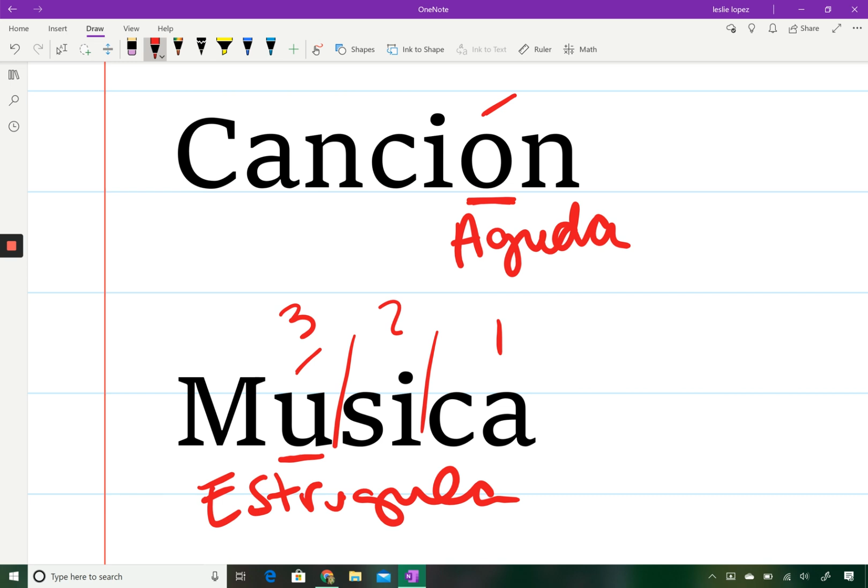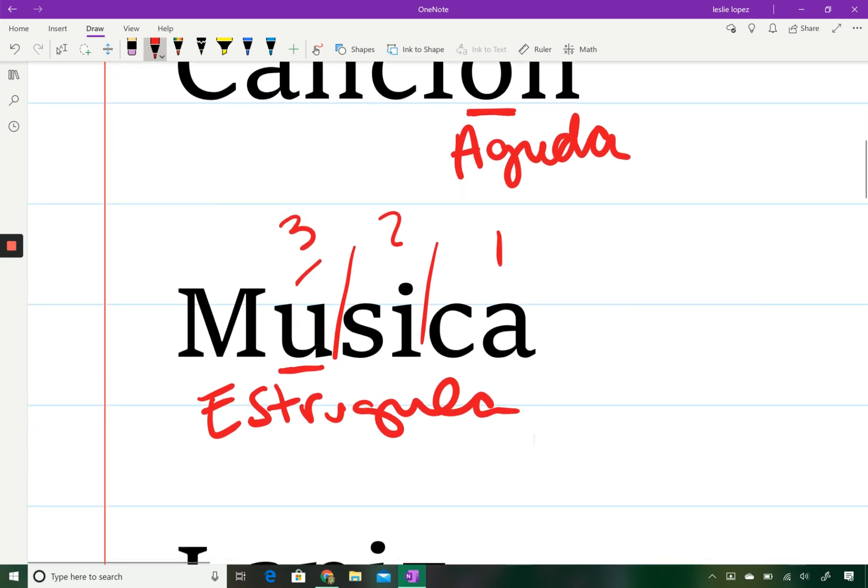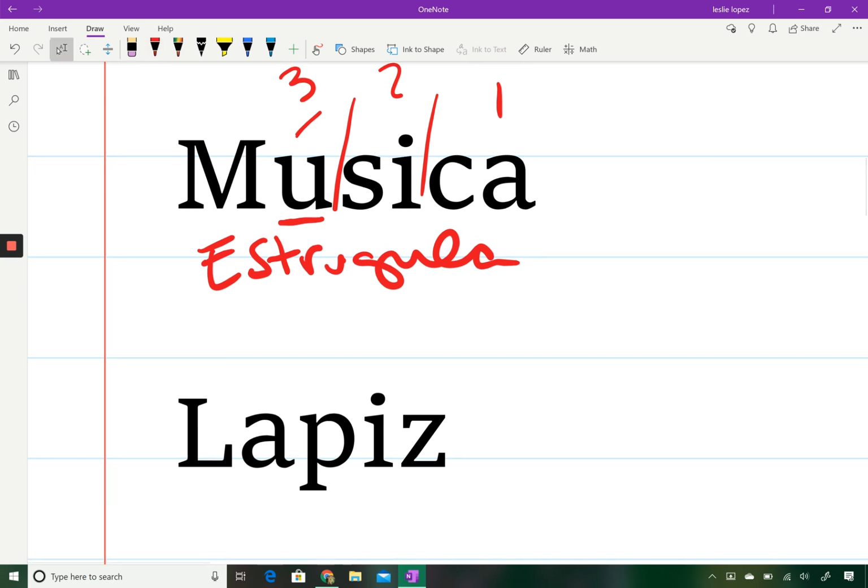Now let's move to the next example. Lápiz. Okay, are we ready? So, lápiz, as you could hear, it has the stress on the A. Thus, it is a palabra llana.